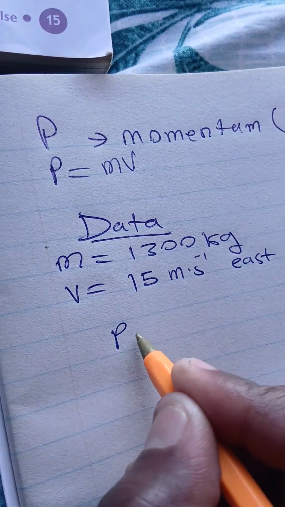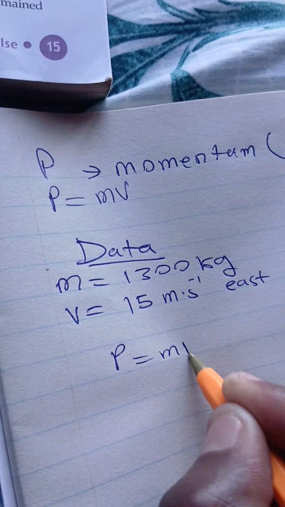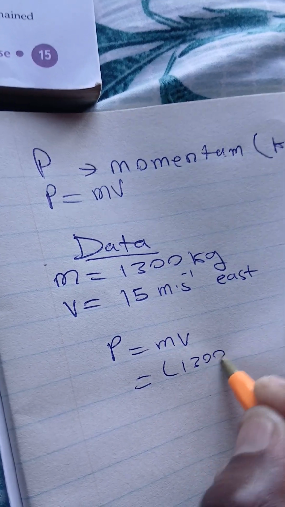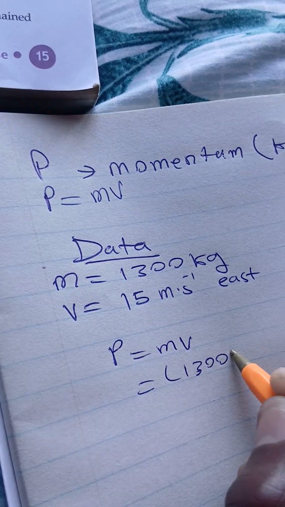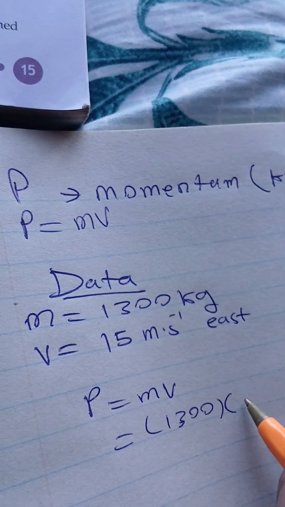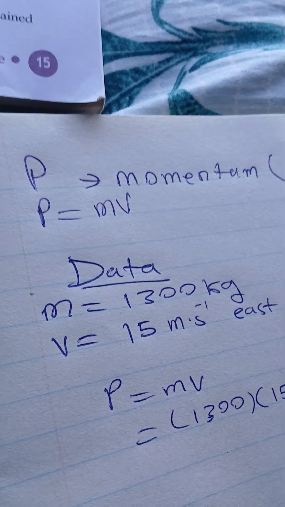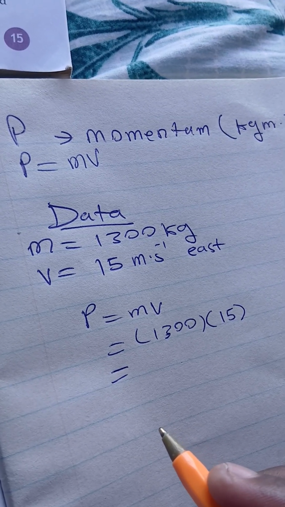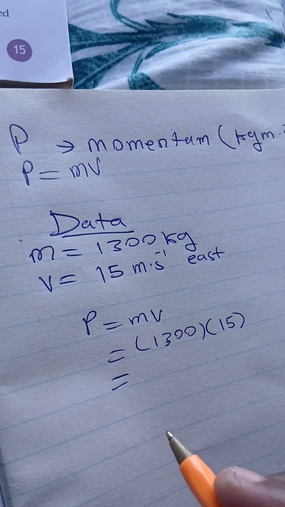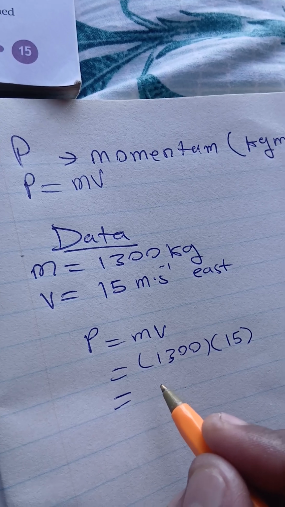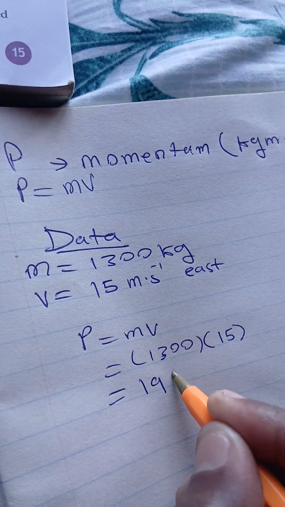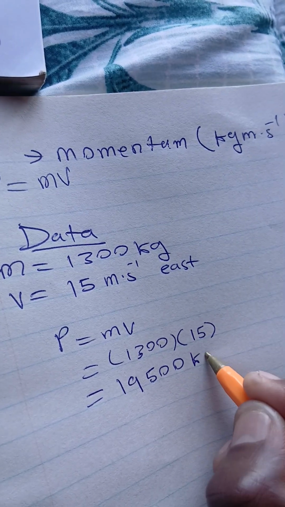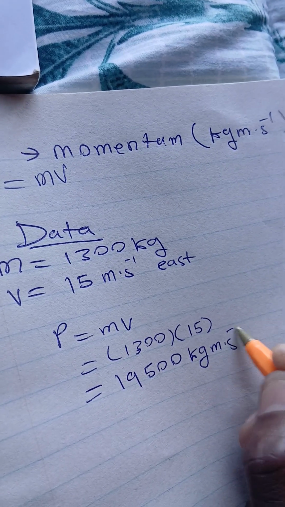We know that p equals mv. So m is 1300 and v is 15. If you multiply 1300 by 15 on your calculator, you find that it is 19,500. The SI units of momentum are kg·m/s.